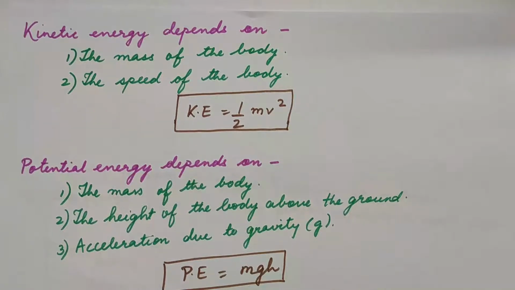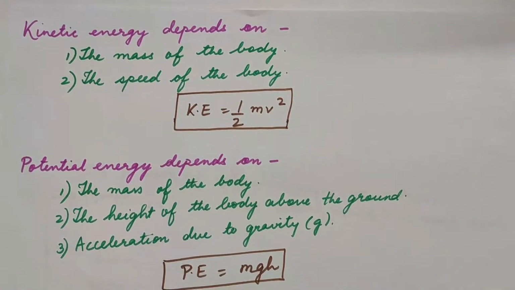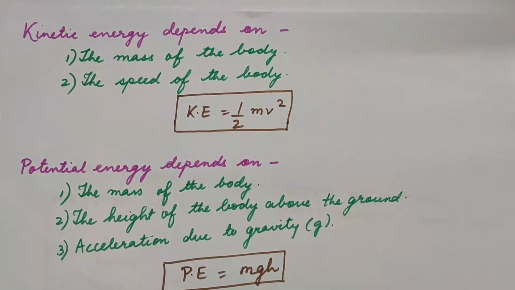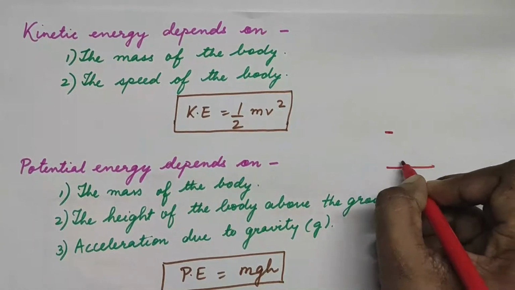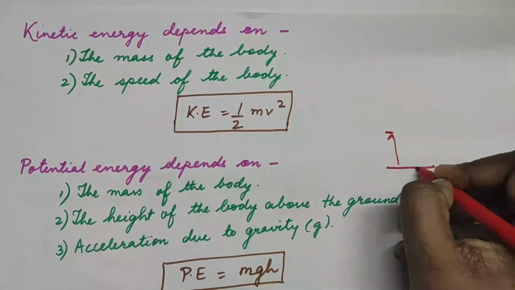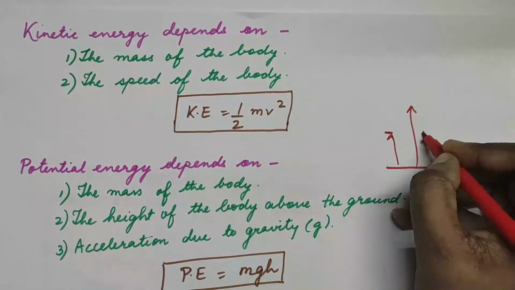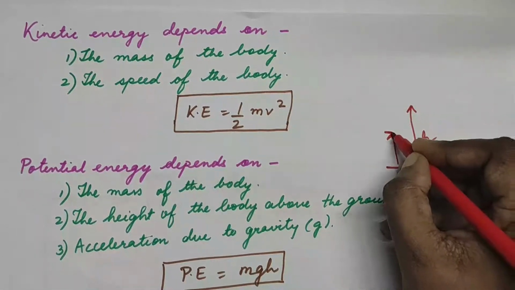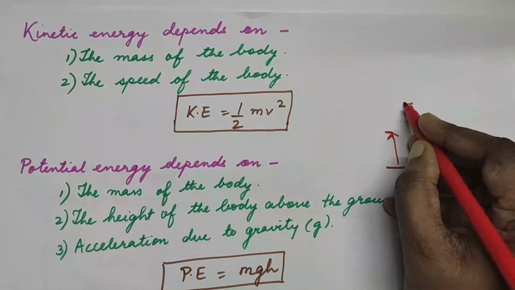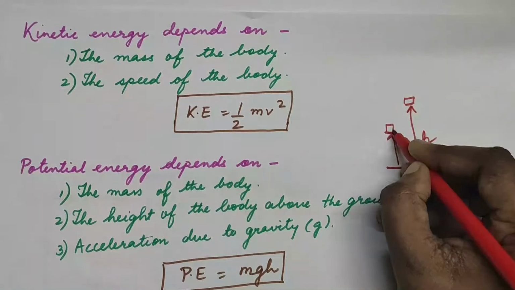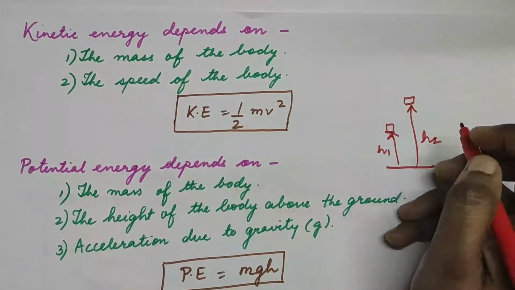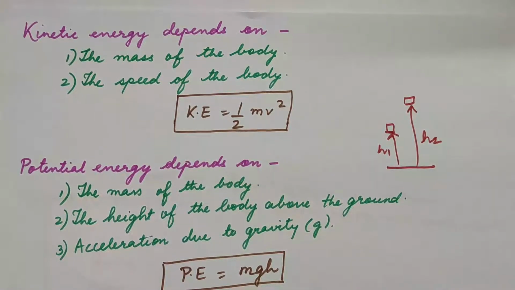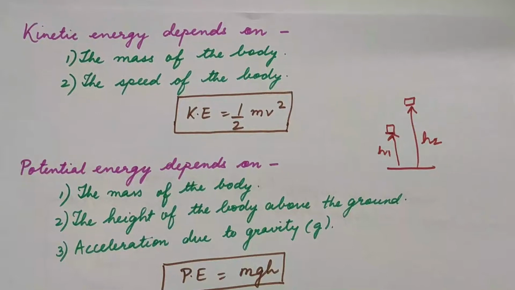So the more you raise the object, suppose I take two stones of the same mass, and one I raise to a certain height from the ground and the other one I raise higher. This one has more height and this one has less height, the stones having the same mass, okay children? So whichever has more height, that stone will have more potential energy.